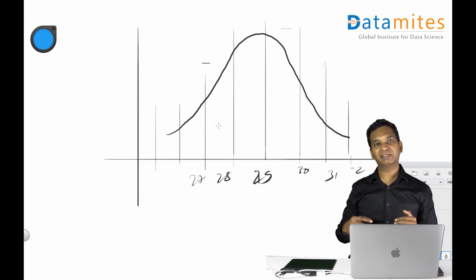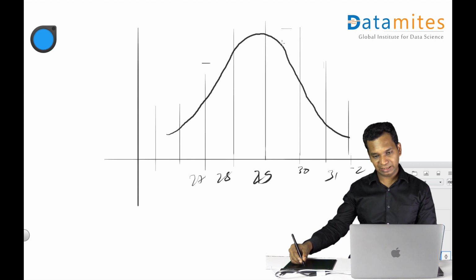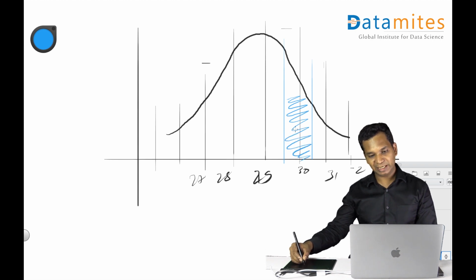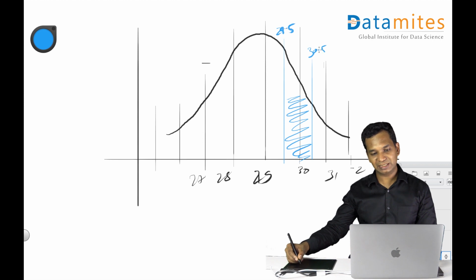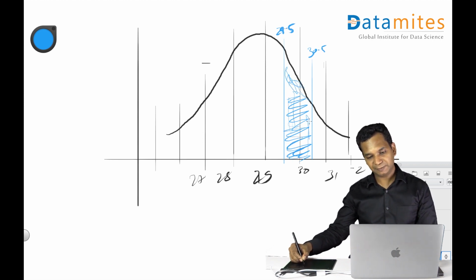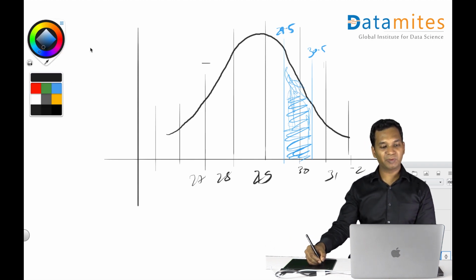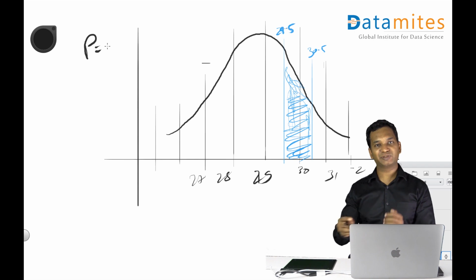I want to find the probability of 30 being my marriage age. When you want to say 30, 30 can be taken as this region, which is between 29.5 and 30.5. The area between these two can be taken as 30. Probability P is generally desired outcome by total outcomes.